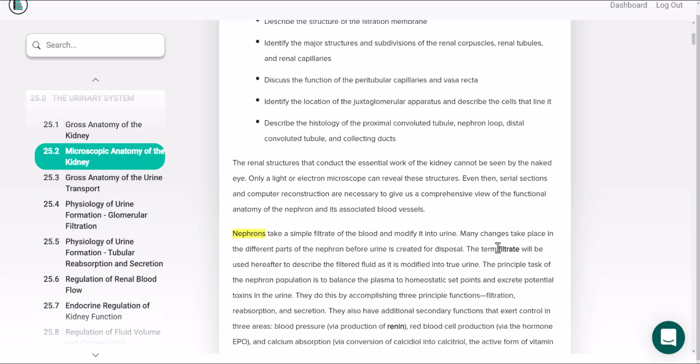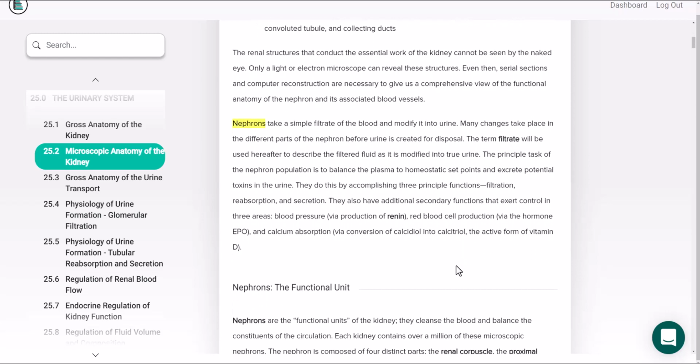So what we'll say is that urine is the final product, but initially the plasma of the blood is filtered, and that filtrate is going to pass through portions of the nephron, and on the other side of the nephron will release the final product, urine. So again, filtrate will be the term used as we're modifying until we get to true urine.